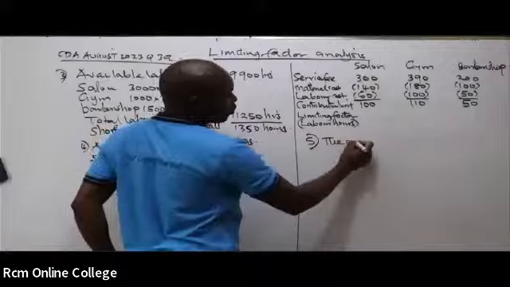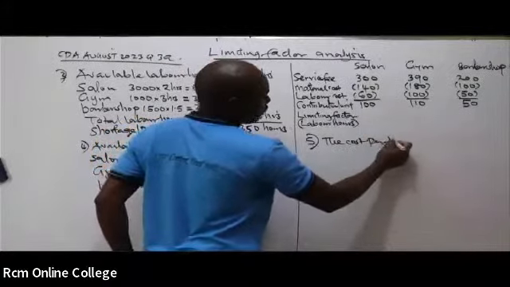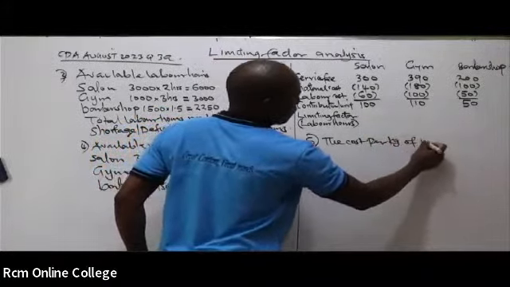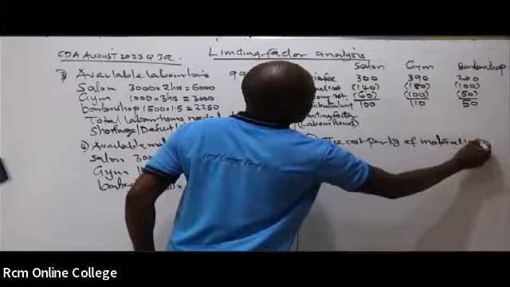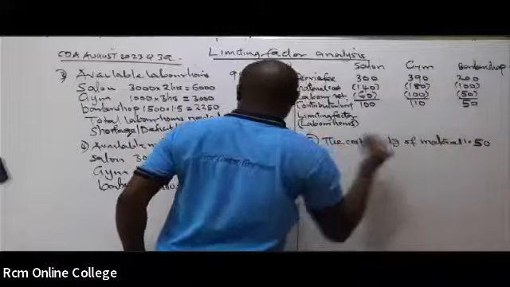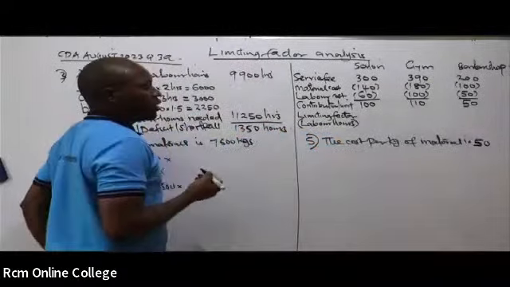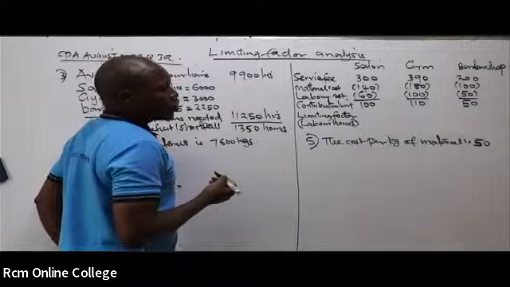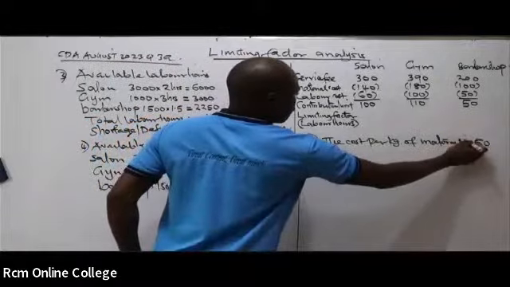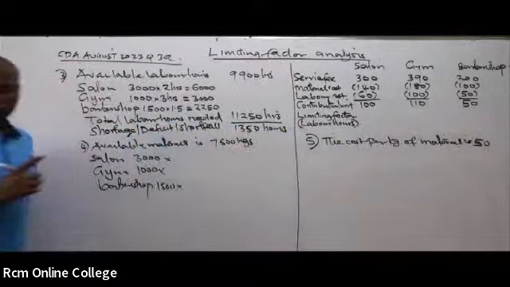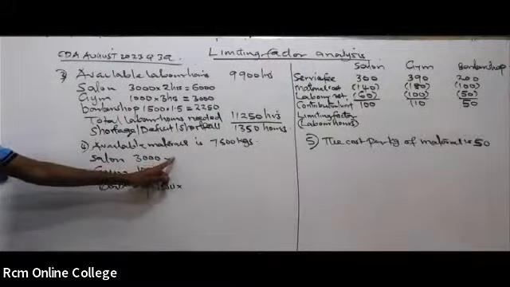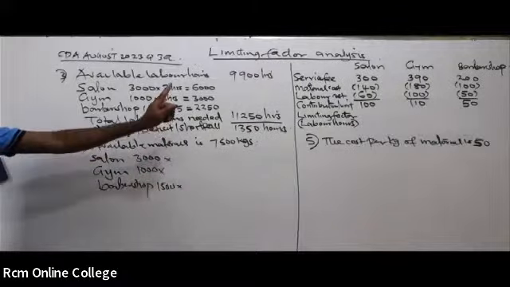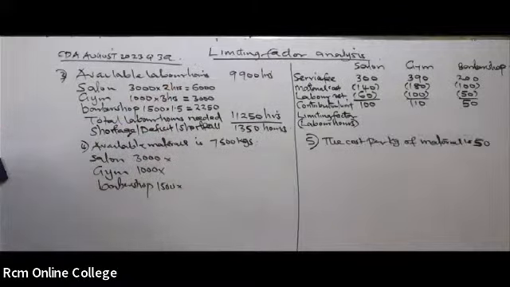The cost per kg of material is 50 shillings. Let's say 50, right? Good. So if it is 50 shillings per kg, how many kgs do we need to produce a unit of a product in the salon?